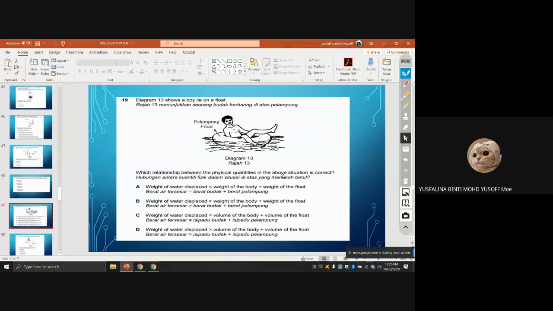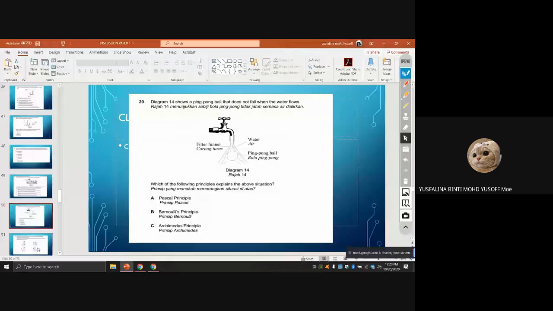So number 19, the answer should be A. Alright, for number 20, actually this one is Bernoulli, right? In this part the speed of water is higher, so the pressure is lower. And in this part the atmospheric pressure is higher, so it pushes the ping pong ball upwards, so the ping pong ball will not fall down. So the answer is B, ball.